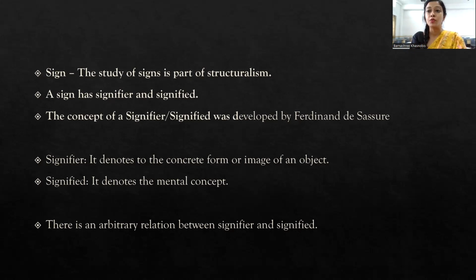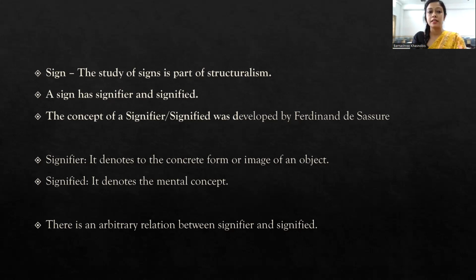Even if I show you the watch and I tell you, do you have it? The image becomes the concrete form. The word becomes the signifier in written, in oral form, or in the form of an image, if I hold it.